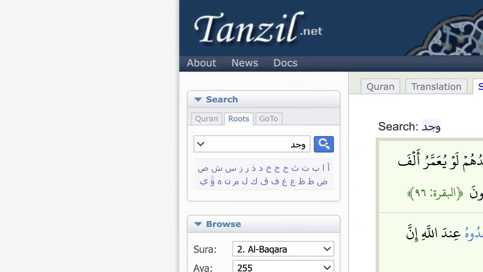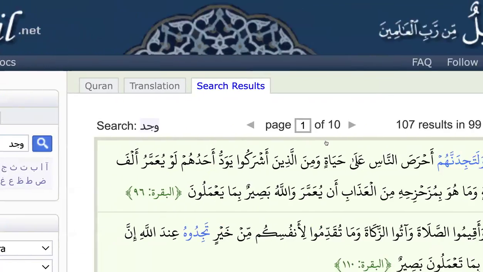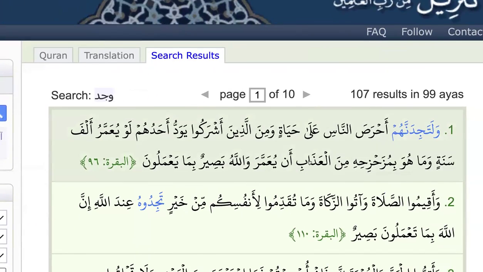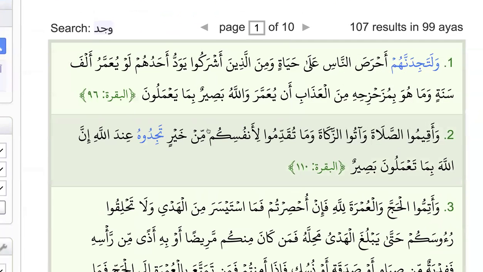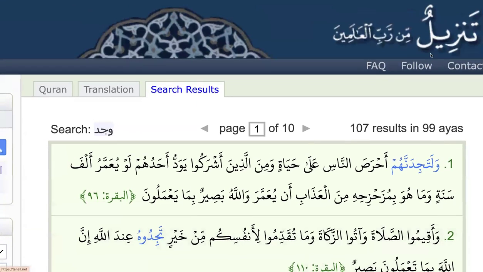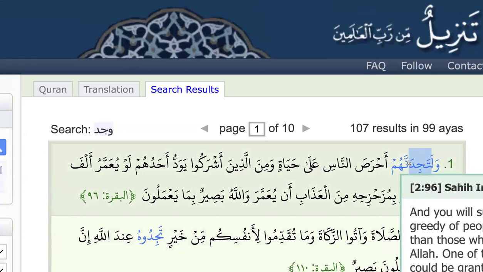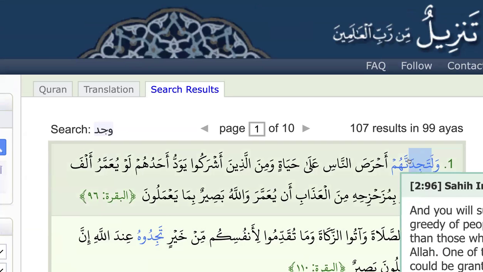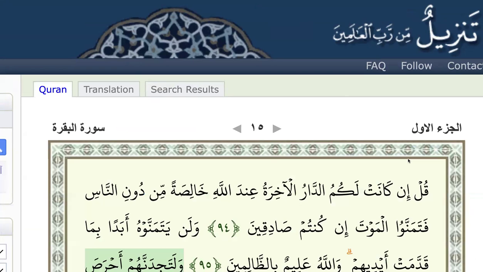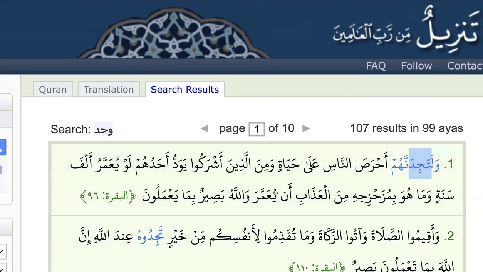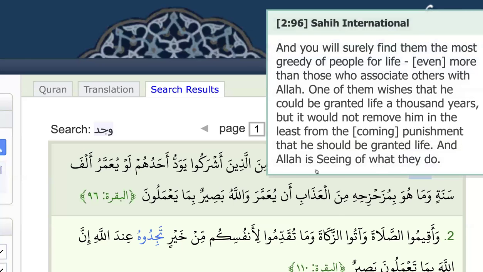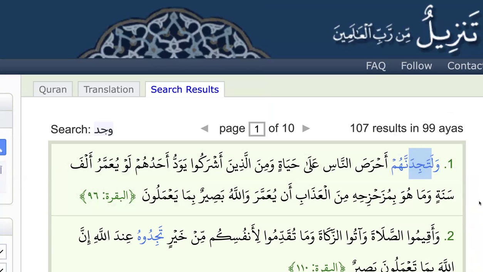Let's look at wajada. Wajada, and you are finding here tajida. Can someone tell me wajada, yajidu? What will be the family for this word? It is daraba. Why am I not seeing any waw? Why is there ilal bil hadhf?